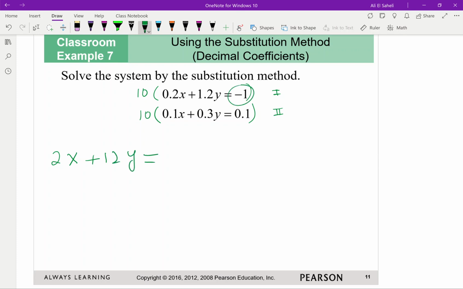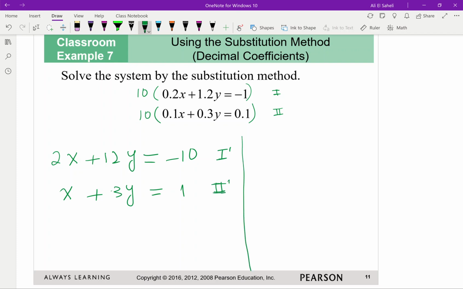Never forget to multiply the right side. 10 times minus 1 is minus 10. So that's equation 1, let's call this 1 prime. Equation 2, 10 times 0.1 is 1. So that's x, plus 10 times 0.3 is 3y equals 10 times 0.1 is 1. And that's equation 2 prime.